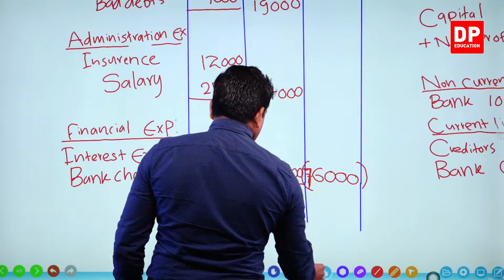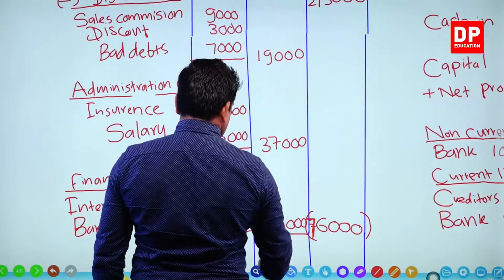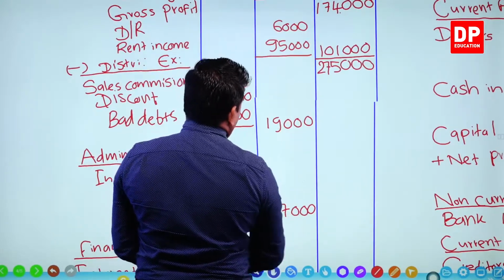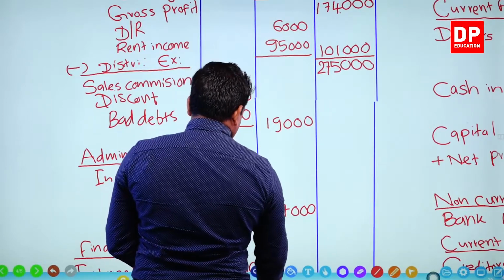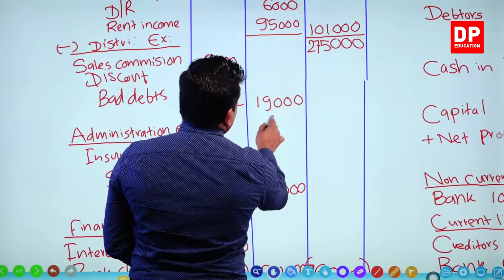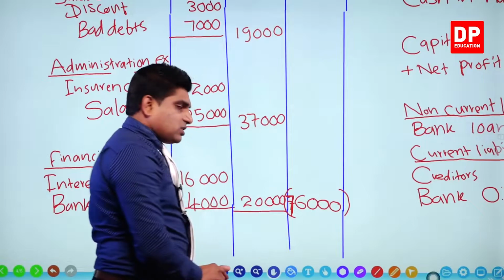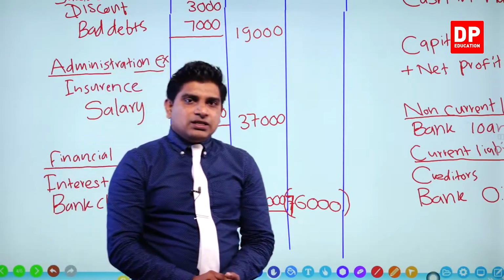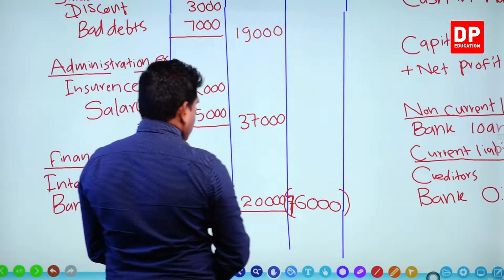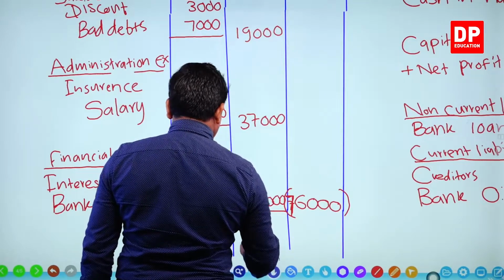You see on the top how much: 275,000. Down you can see 76,000. Then find the difference: 275,000 minus 76,000. Try to find it.